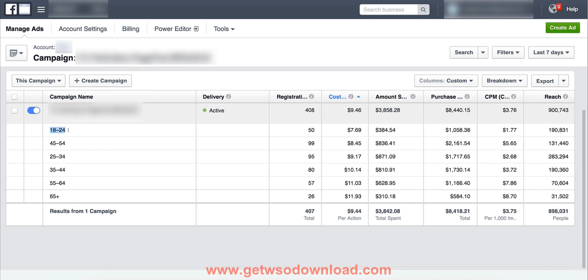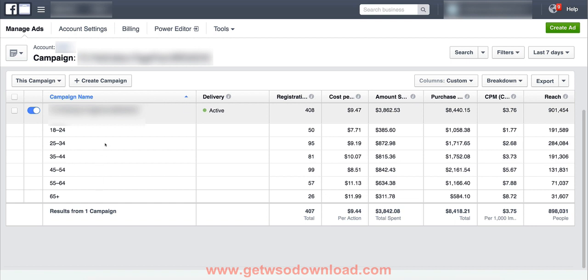And Facebook breaks it down by 18 to 24 year olds, and then you've got your 25 to 34, 35 to 44, 55 to 64, 65 plus, and look, 45 to 54 is right here. So what I want to do is let me just rearrange this by order, because right now it's a little bit out of order.